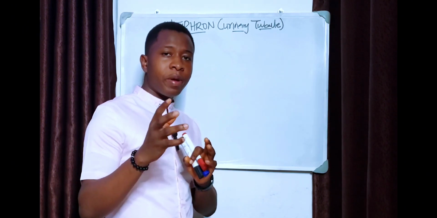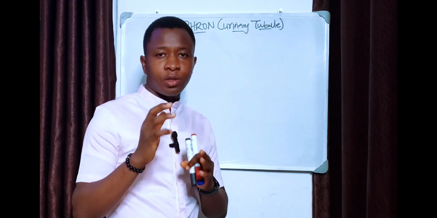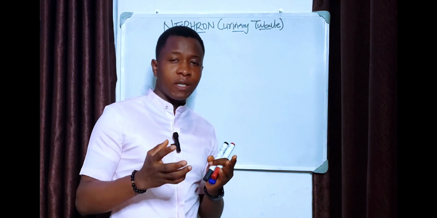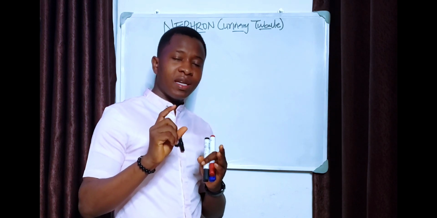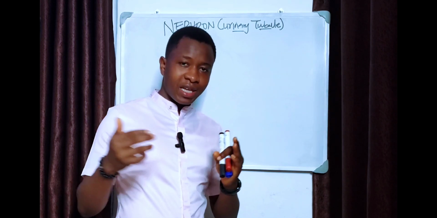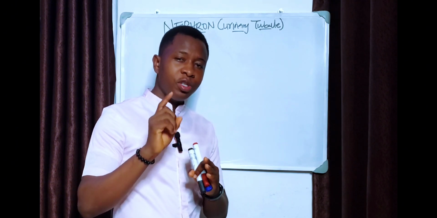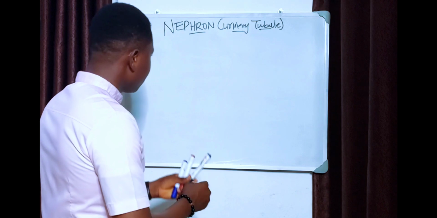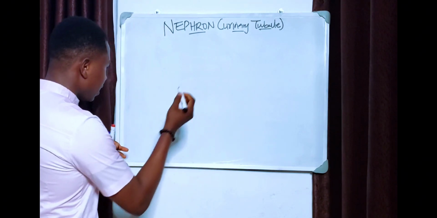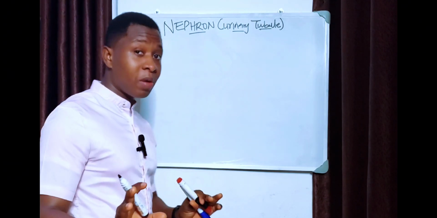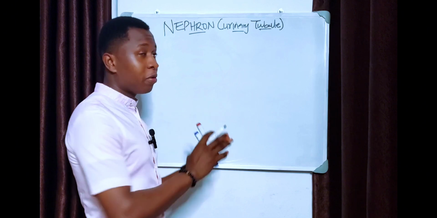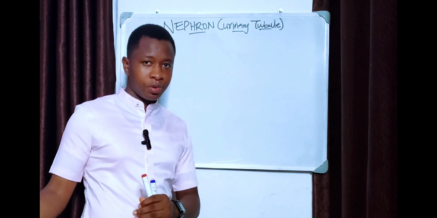Now, if you remember, in my last video, I talked about the anatomy of the kidney, and we said that the renal artery that enters the kidney terminates at a point which is called the afferent arterioles. So let's assume, because we can't talk about the nephron without talking about the associated blood vessels, right?